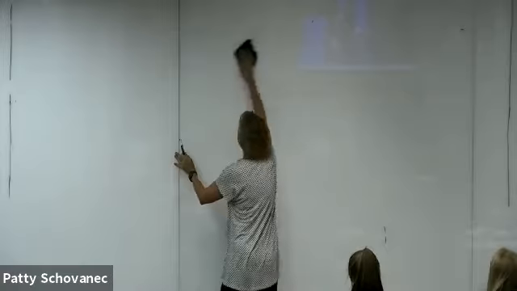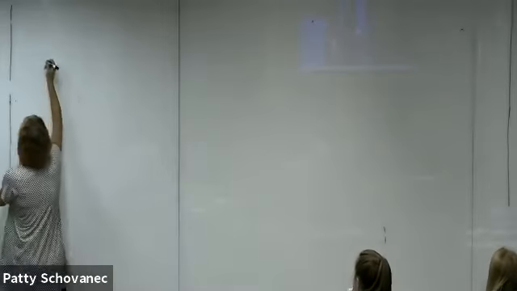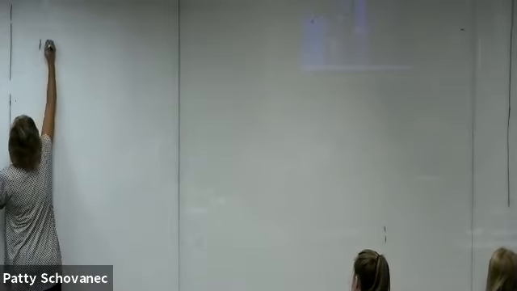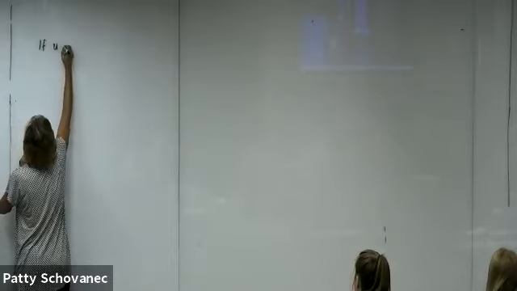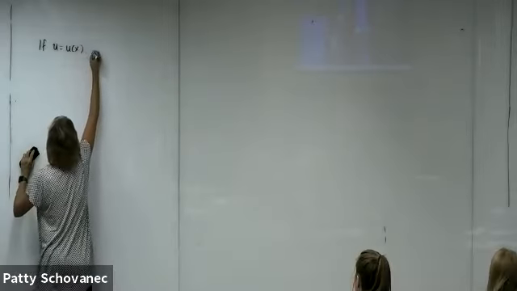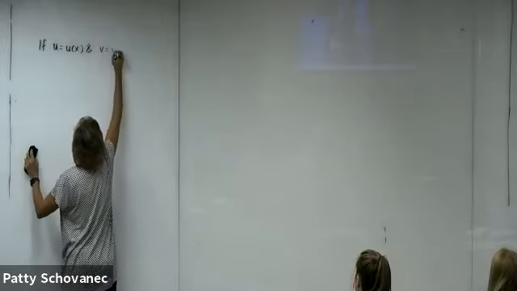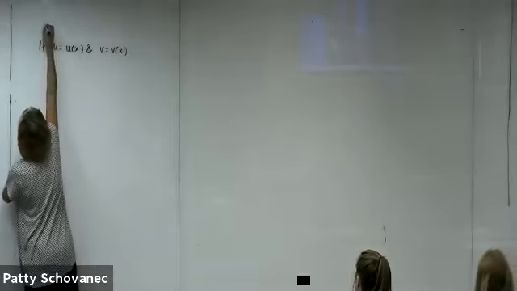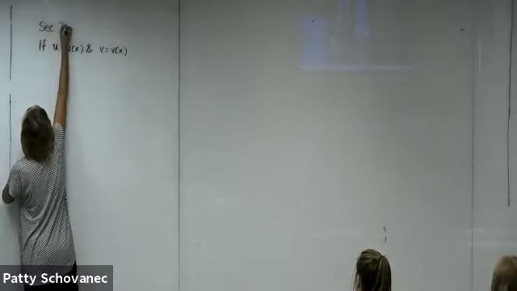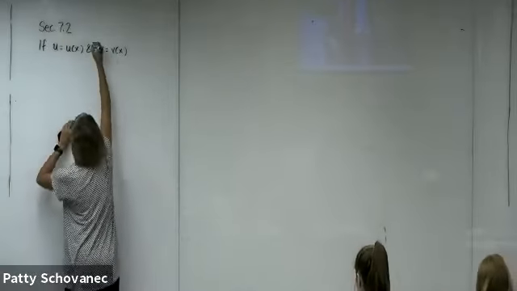And it came from the product rule. So if both u and v are functions of x, this is section 7.2, integration by parts.